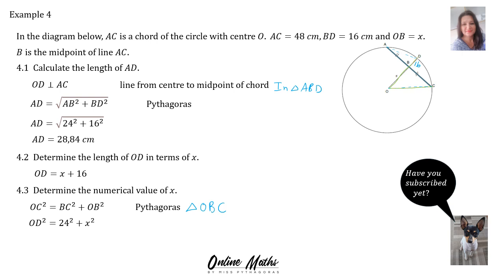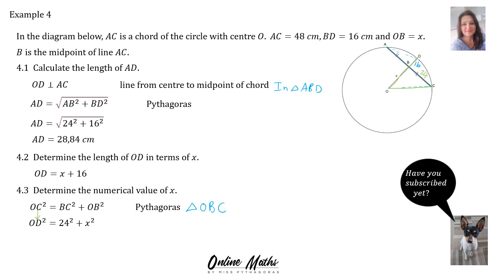So in the place of OC, I substituted OD because they are both radii, and then BC squared is equal to 24 squared. Remember, the whole of AC was 48, so BC will be 24, and then OB, there you can see, is X squared.